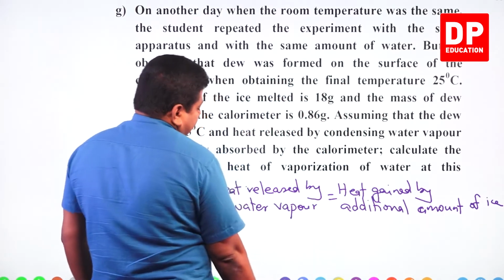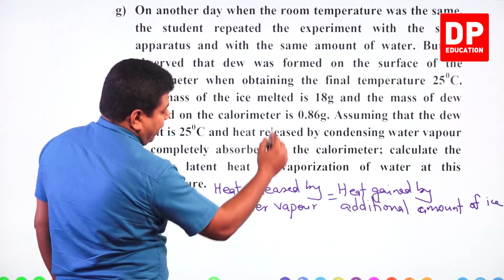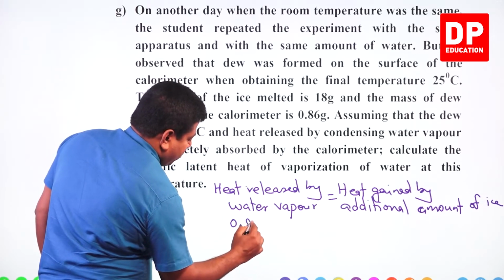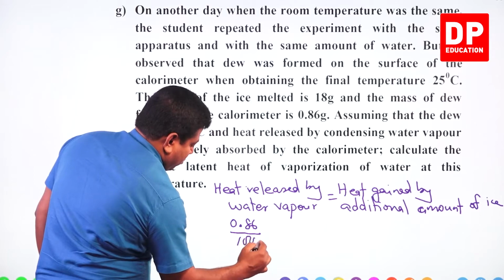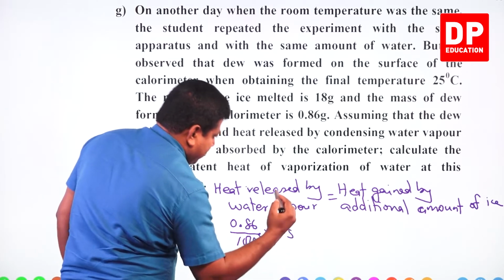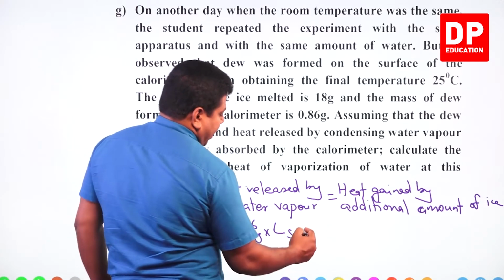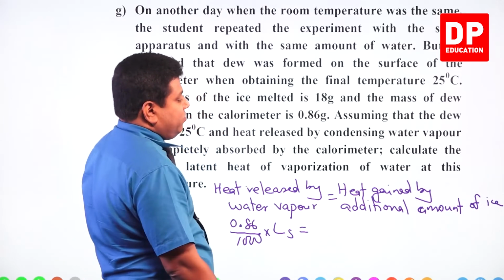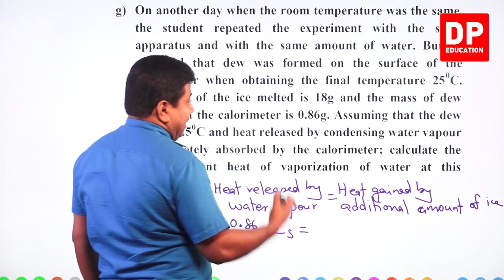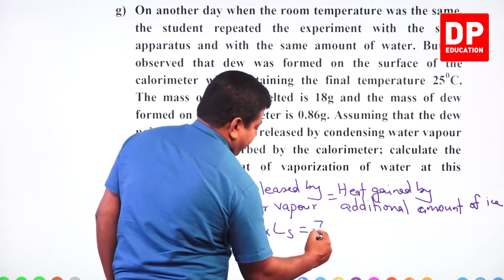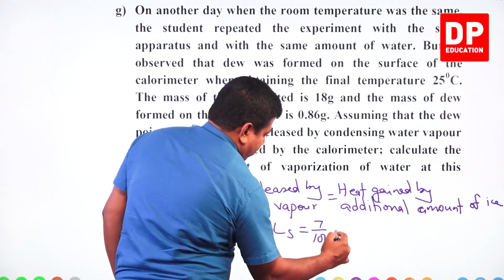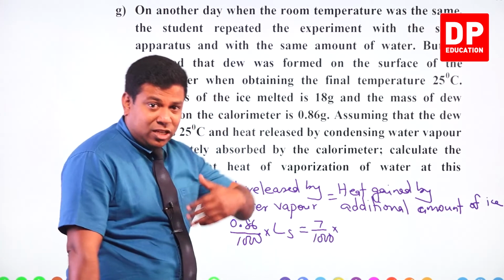Heat released by water vapor will be 0.86 gram into LS. Heat gained by the additional amount of ice will be 18 gram minus 11 gram, 7 gram, into L. First of all, it has to melt.